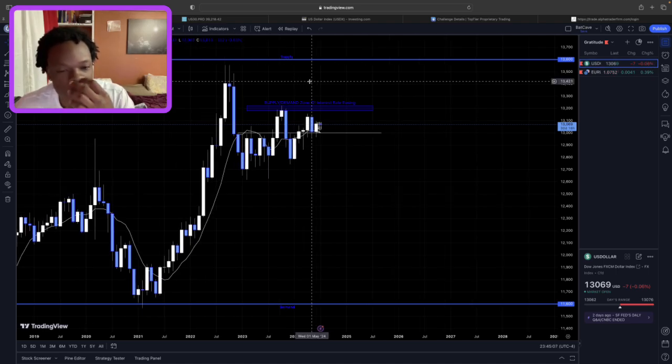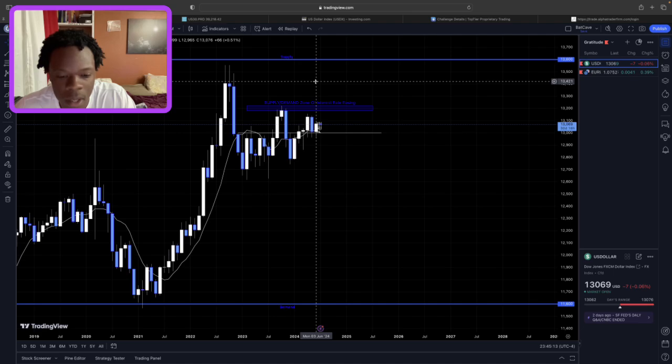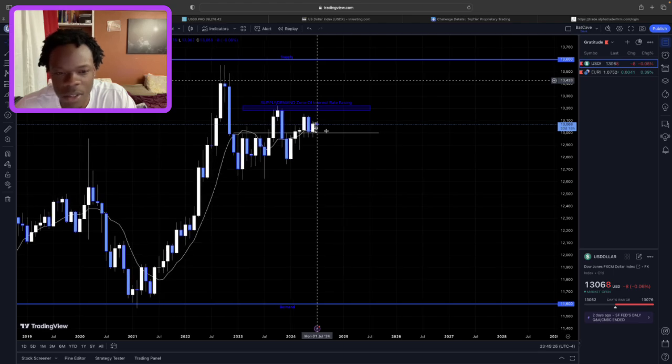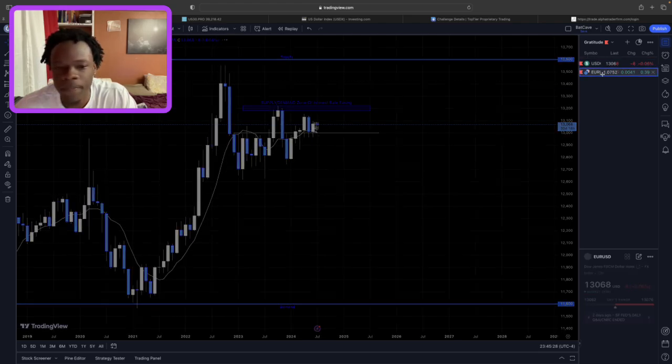Price action creates a bearish engulfing candle in May, and it creates what could possibly be again a counter trend, as it creates a bullish candle in June, and could possibly be a bearish engulfing candle, as price action could look to again reach the 13,000 level.